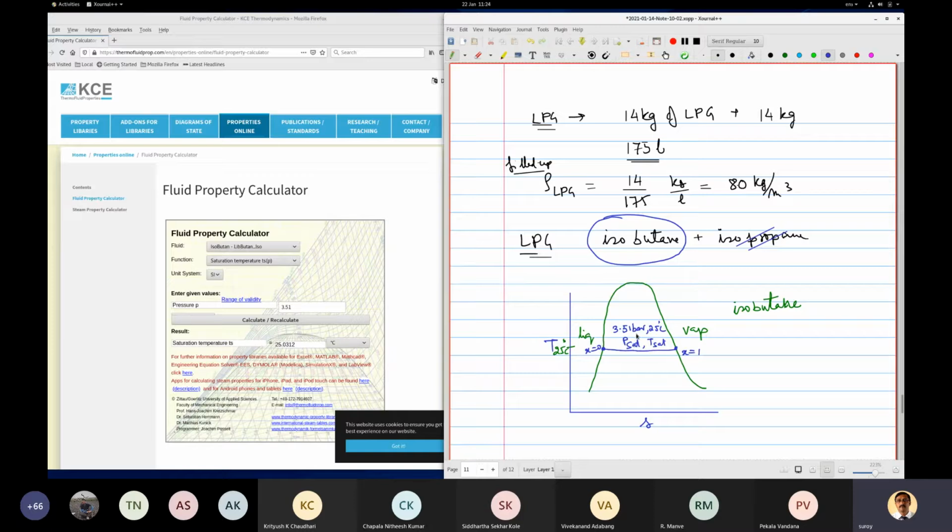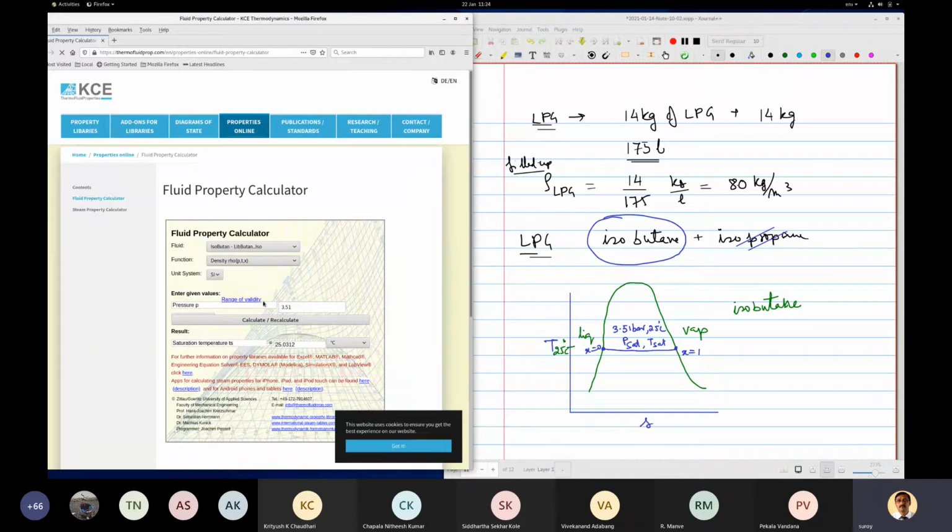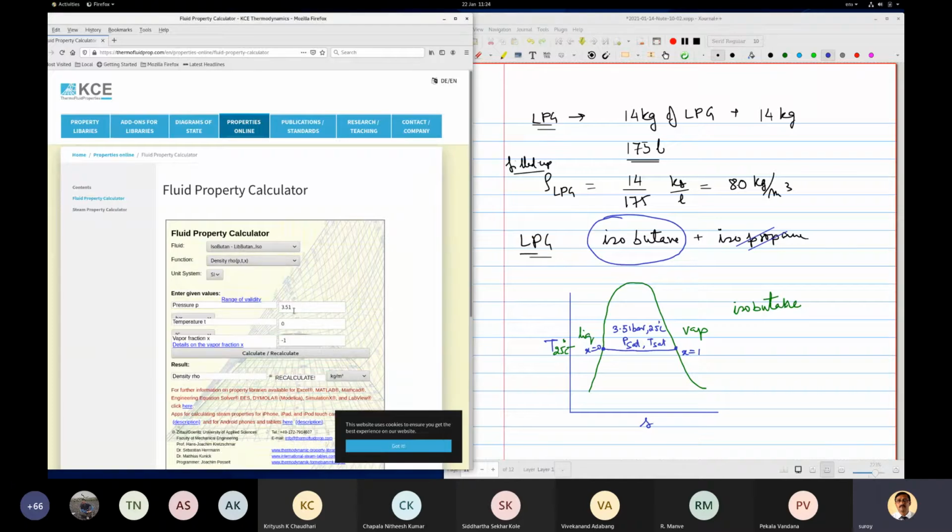So 3.51 bar is the P sat at 25 degrees centigrade. So this is what is happening. Now at x equal to 0 at 25 degrees centigrade, right? So at this, I want to calculate the density. So we have seen the pressure and 25 degrees centigrade, right? So at x equal to 0, it is.